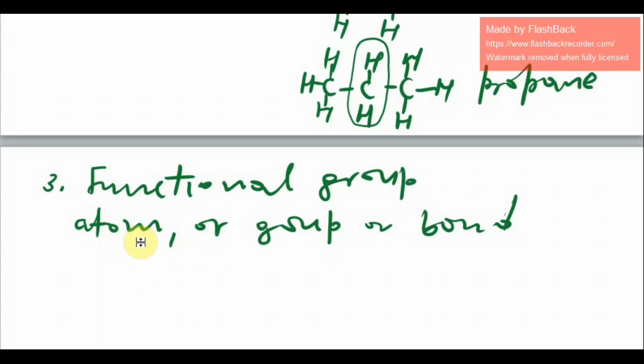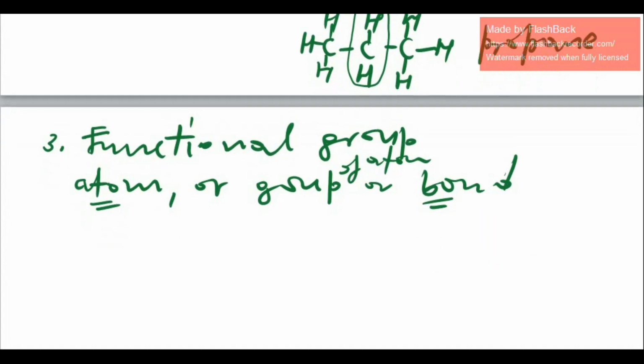So with the functional group, you can tell which homologous series this compound belongs to. You will see an atom, a group of atoms, or a bond, then you know which homologous series this compound belongs to.